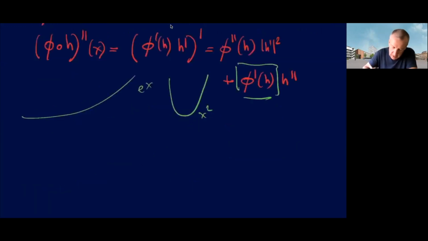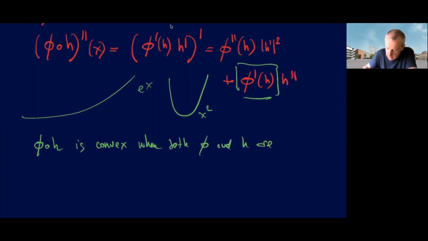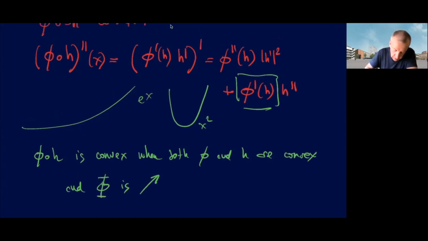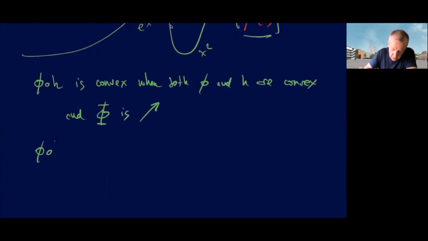So then what you can see is that phi composed with h is convex when both phi and h are convex and phi is increasing.